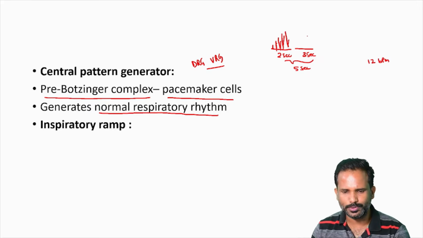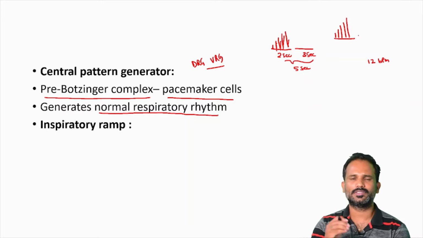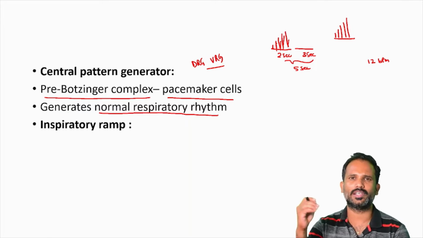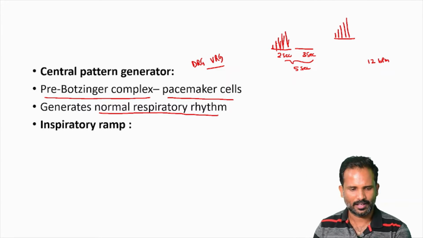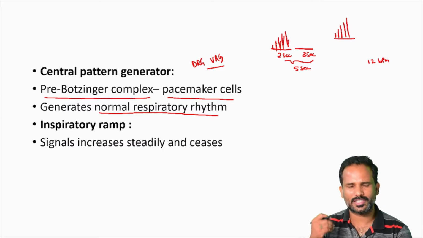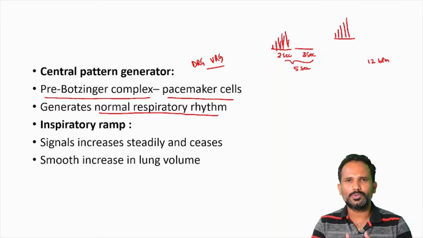For 2 seconds, the inspiration will occur in a ramp-like pattern. The stimuli increase gradually and suddenly cease. That causes the expiration. So what is the benefit of this inspiratory ramp? It causes the smooth expansion of the lung.